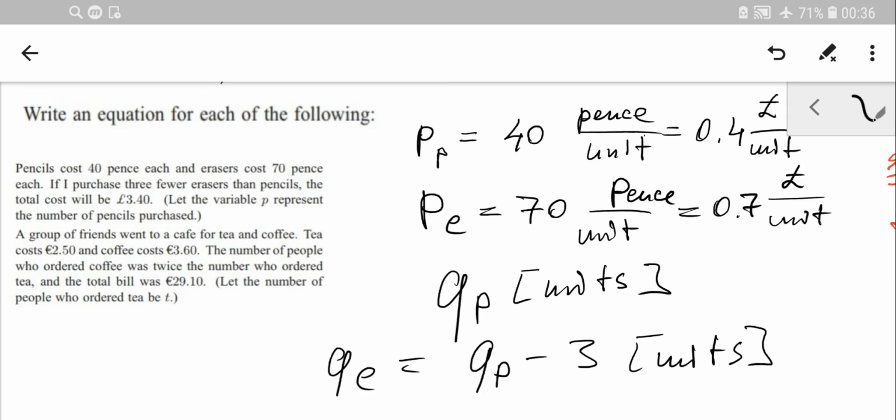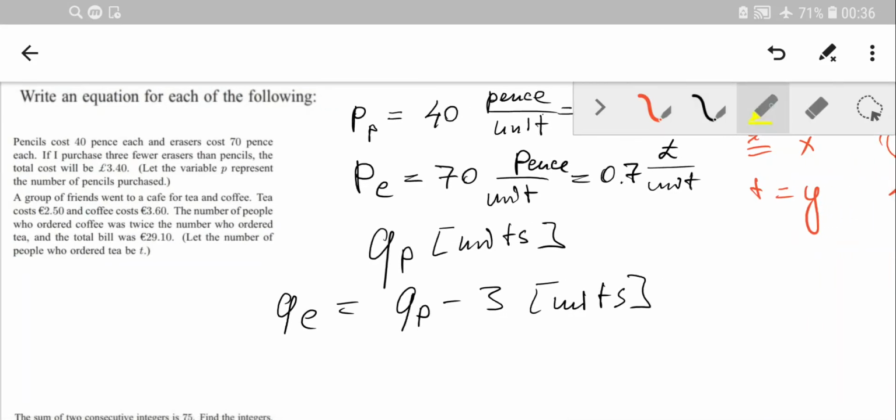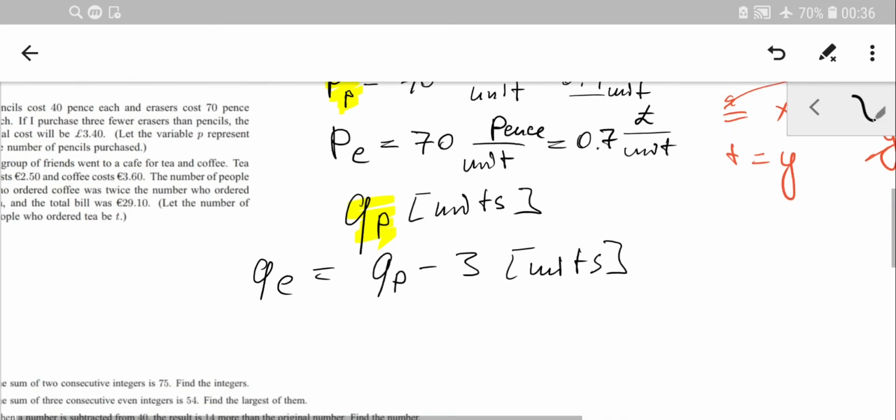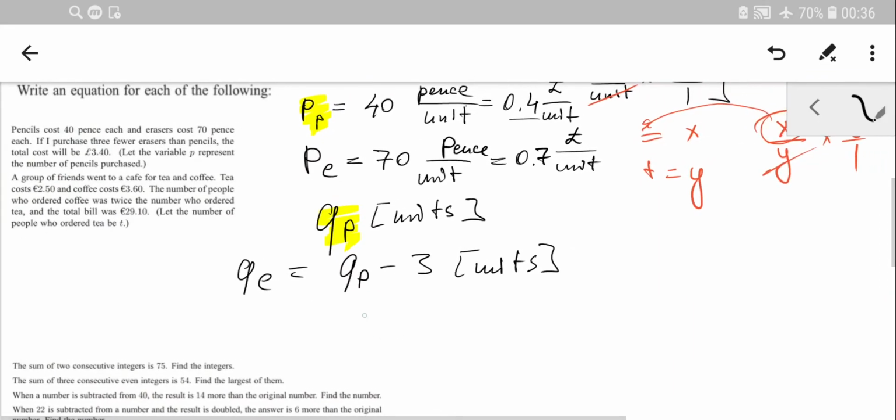Okay, so the next step is to figure out the total cost. What are you doing? You take the price of a pencil and multiply it by the quantity of pencils. Because we have 0.4, that's the price per unit, you multiply by the quantity of pencils, QP.